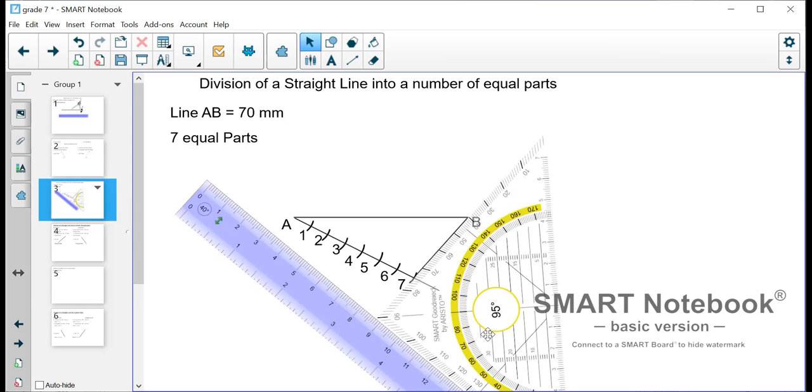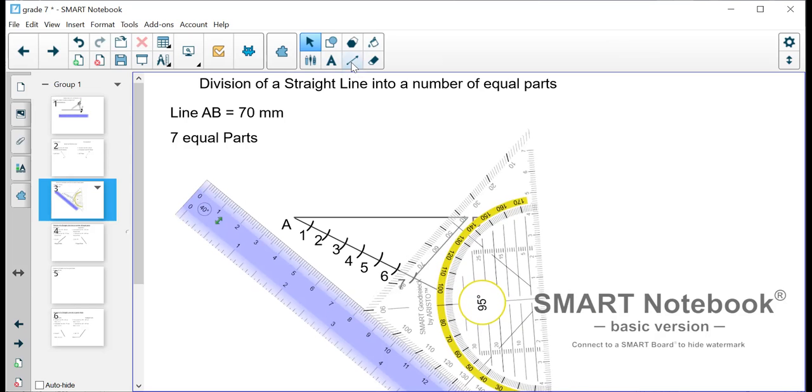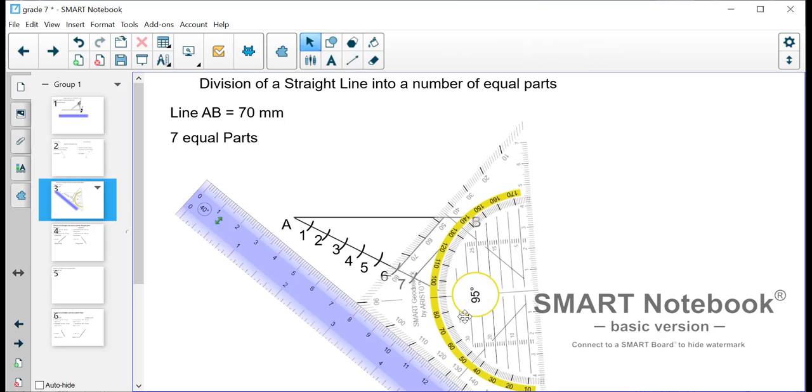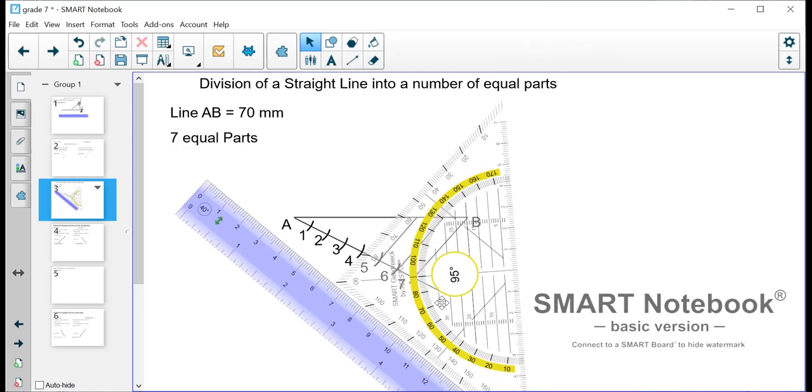And then you slide this set square to go to 6. When you reach 6, you draw your line from 6 up to the AB line. All right, and then you continue sliding. You go to 5 now, and you do the same. Draw another line. And you keep doing that until you reach each one of them.